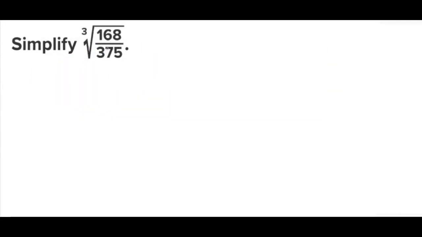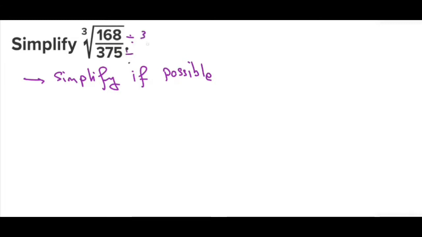The cubic root of the fraction 168 over 375. First of all, we have to simplify, if possible. And of course it's possible here because both of them can be divided by 3. So this will become cubic root of 56 over 125, after we divided it by 3.